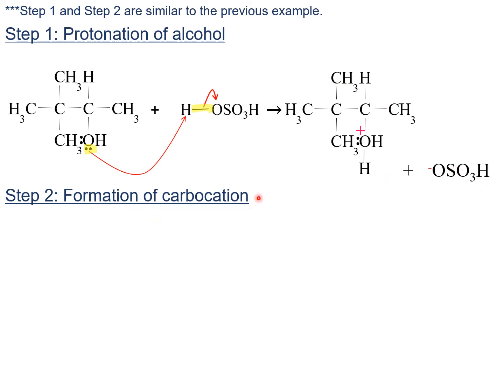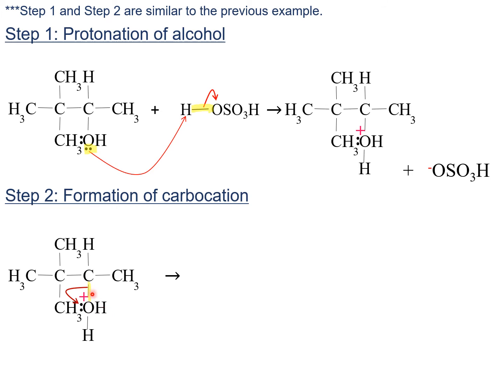Next is the formation of carbocation. How can you do that? To show the formation of carbocation, we have to get rid of this protonated alcohol. How can you get rid of it? We show an arrow from this bond, we have to break the bond between this carbon and this protonated alcohol.